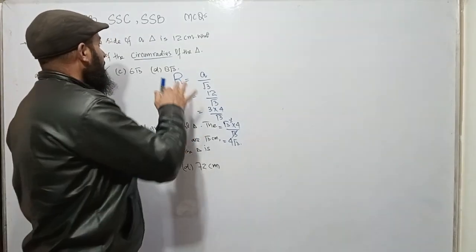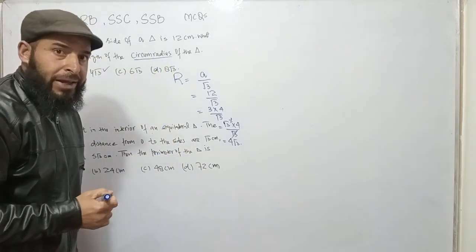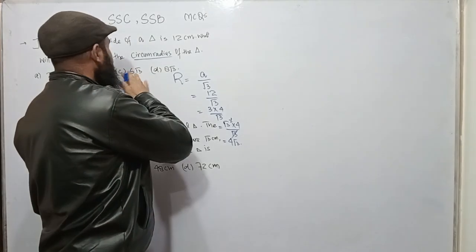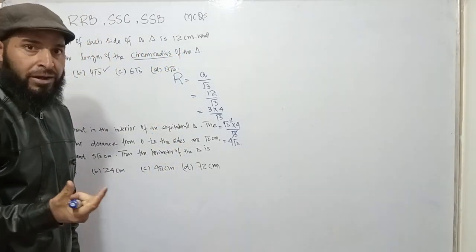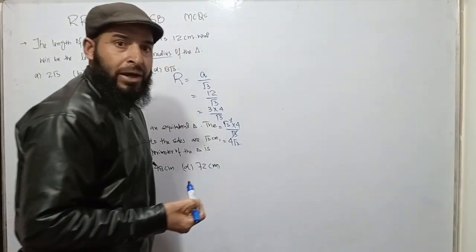But let's see this question in detail. See, we have two types of radii.